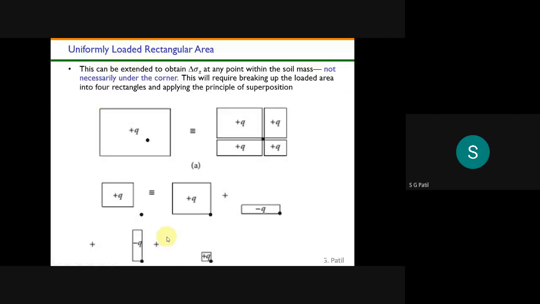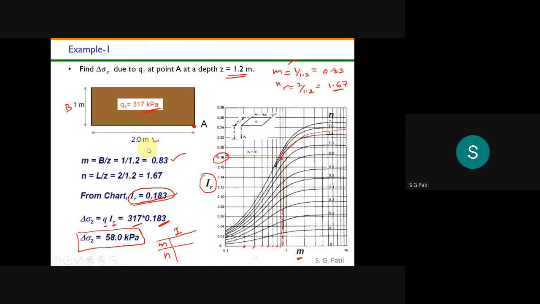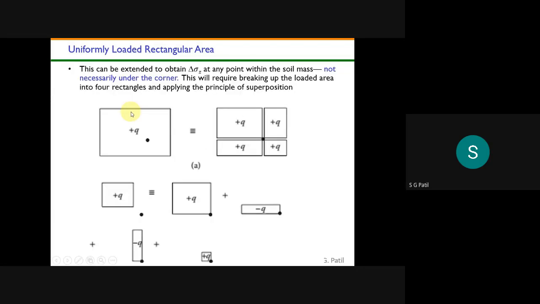Okay, now what is the important thing here? Whatever delta sigma z we are calculating is below the corner point. Suppose you are asked to find the stress increase at any point other than this corner point, then how do you calculate it?